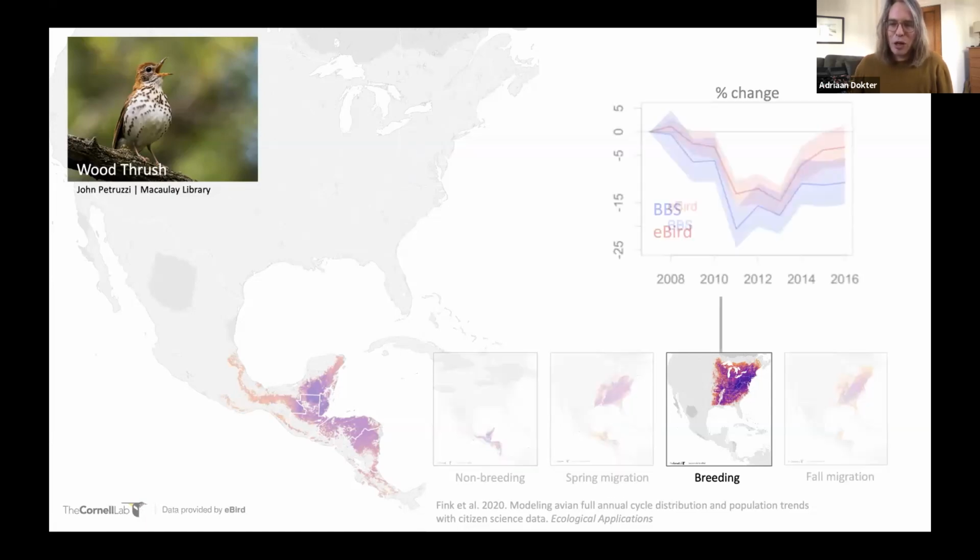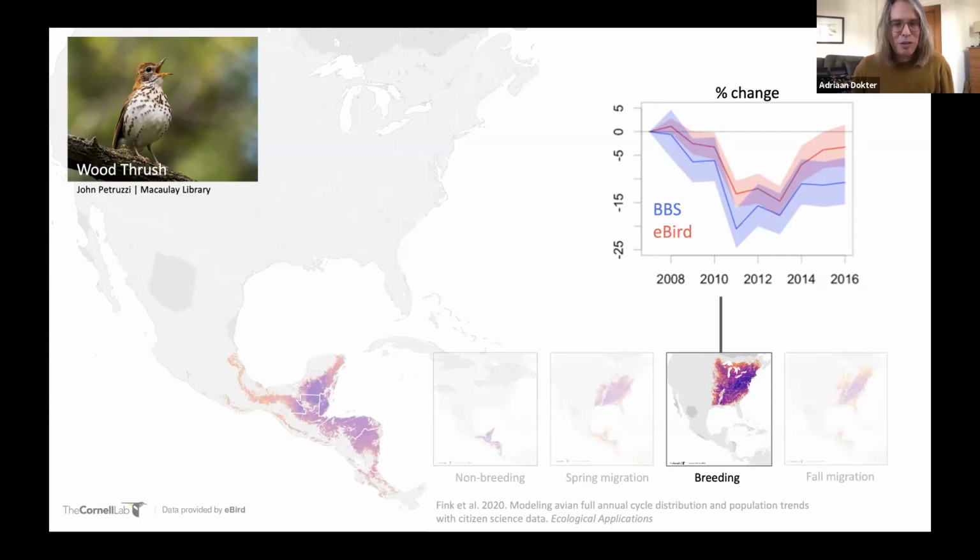A very important result that Daniel showed this year is when we look at population changes over different years. Here we have done that for the breeding season, and you see the fluctuations that we see in eBird data are relatively subtle variations in population size from year to year, as we get those from the eBird models.